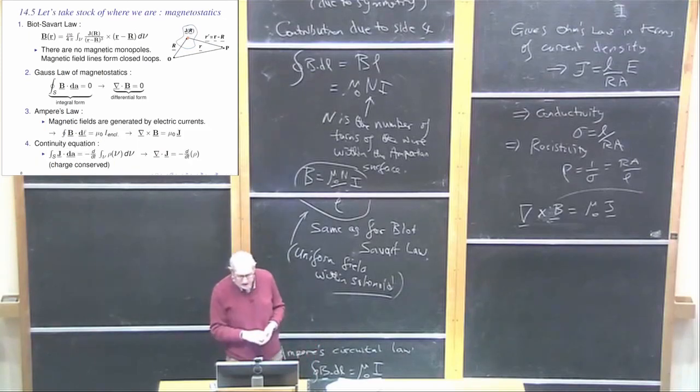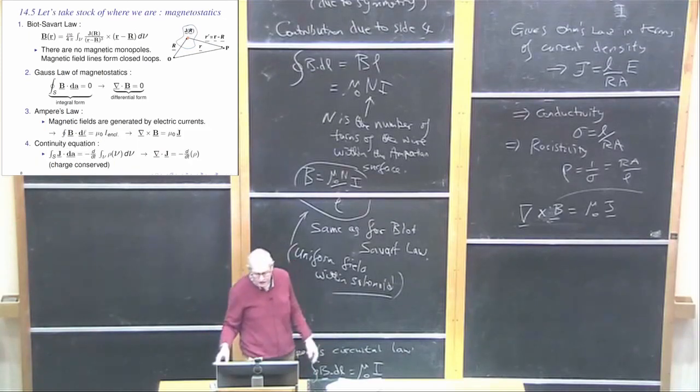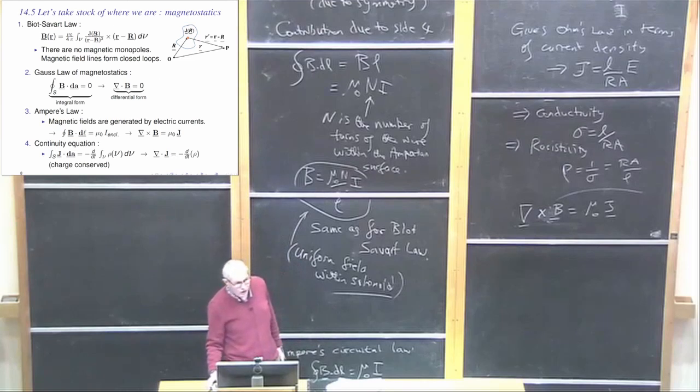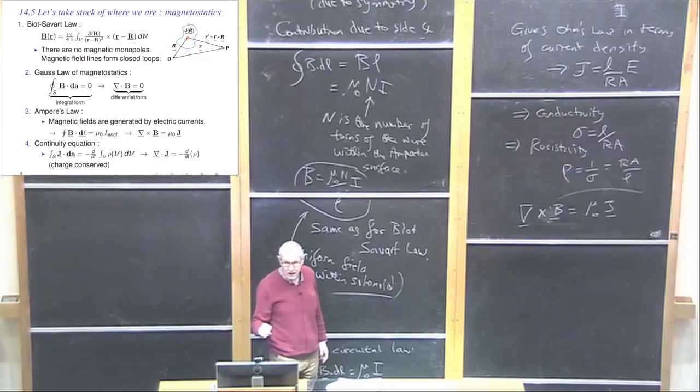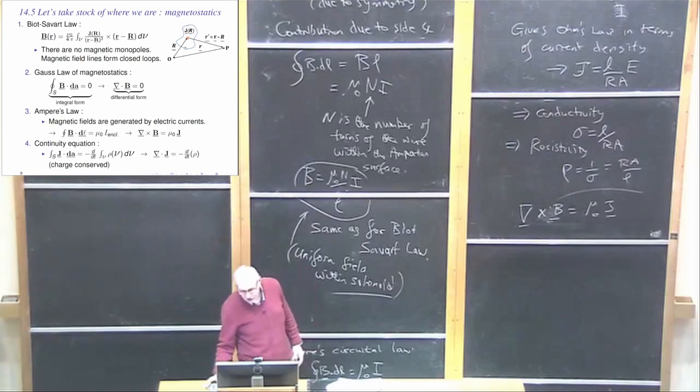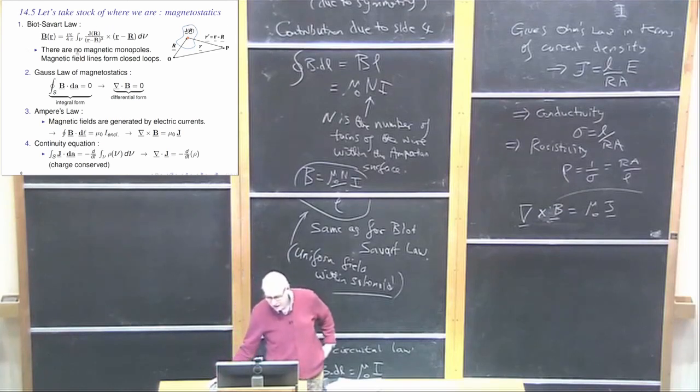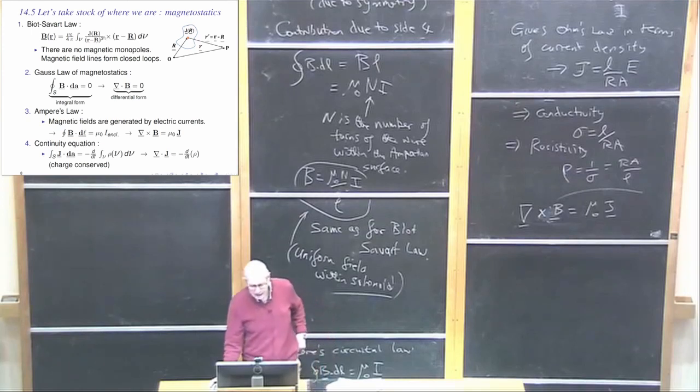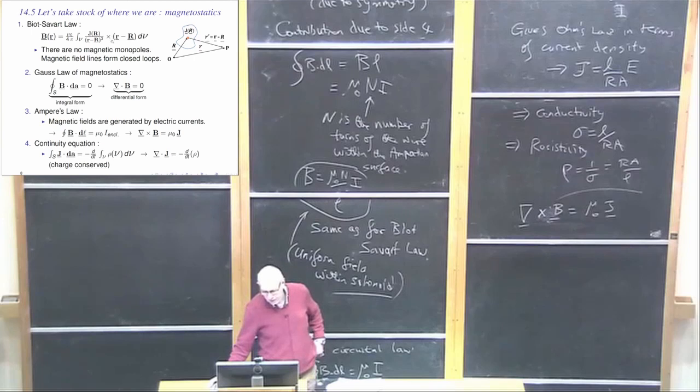So for magnetostatics, we've got an equivalent law to Coulomb's law, but this time we've got a current density. This is due to a current, and the current density is a vector. So this gives a vector field, but we have a vector integral here with a cross product.